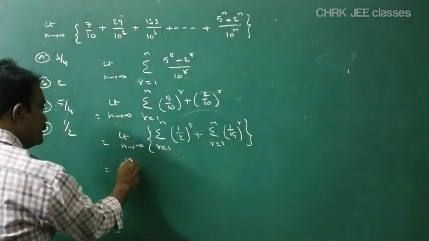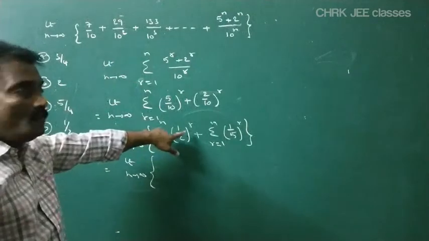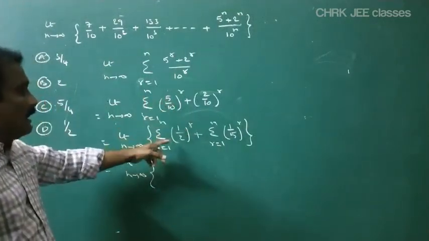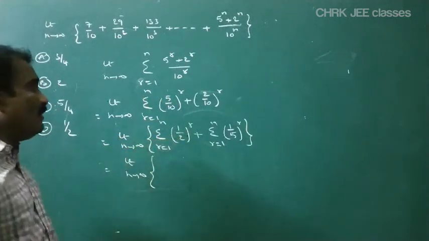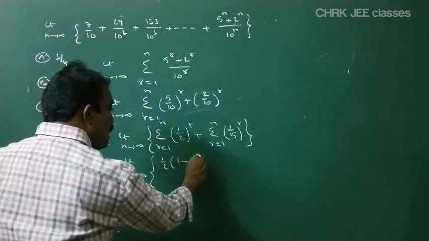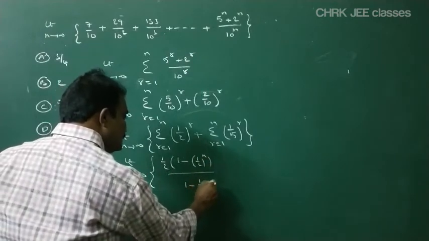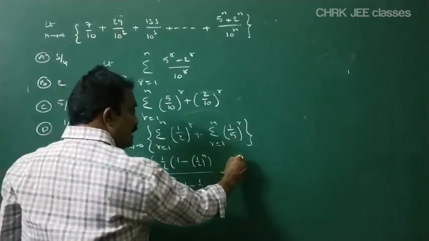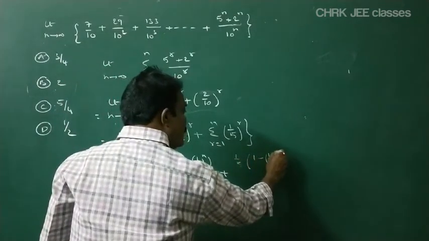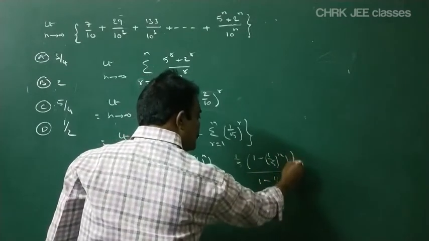That equals limit n tends to infinity. By putting r equal to 1, 2, 3 up to n, this is in GP containing n terms. The sum of n terms in GP is a into 1 minus r to the power of n by 1 minus r. This is also in GP, a into 1 minus r to the power of n by 1 minus r.